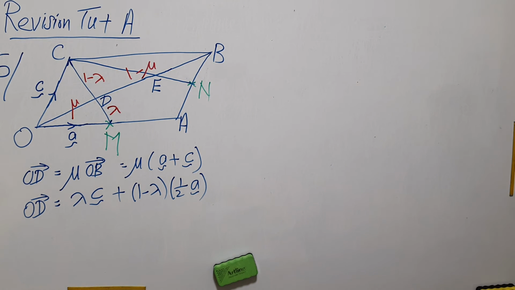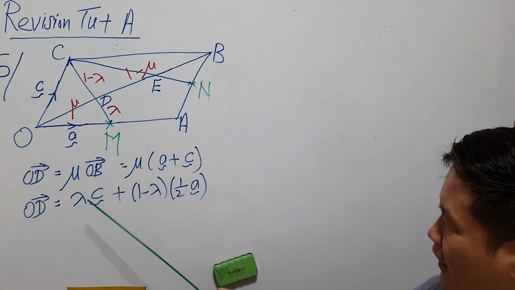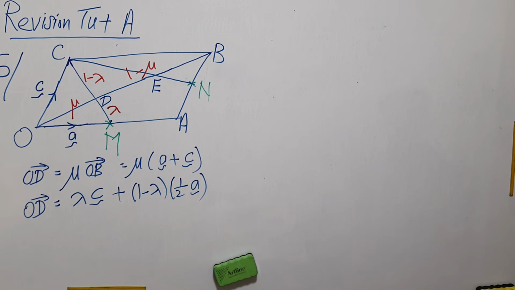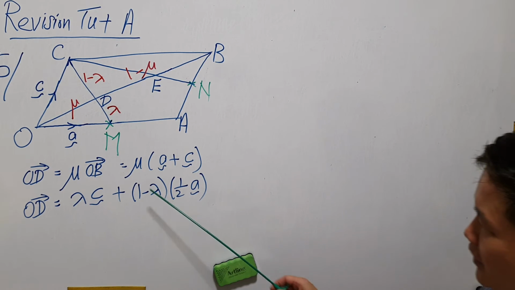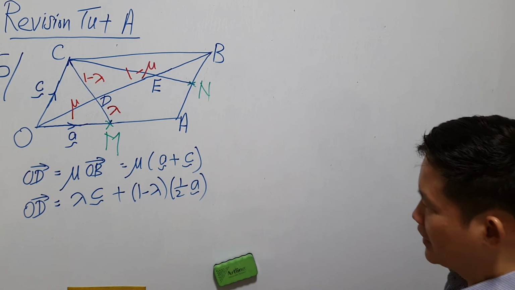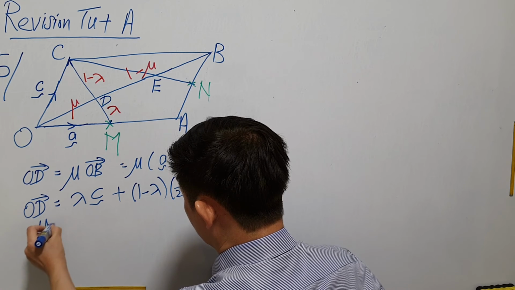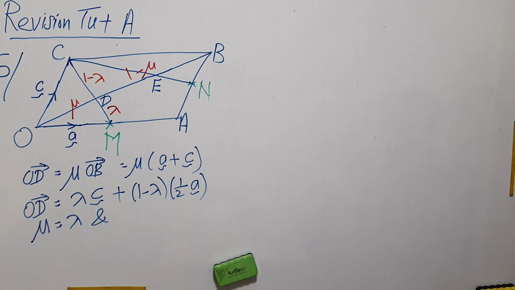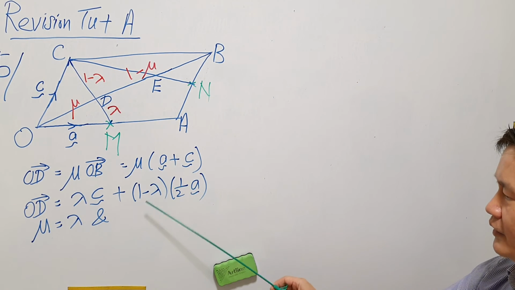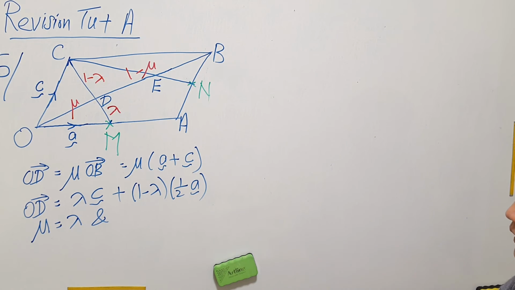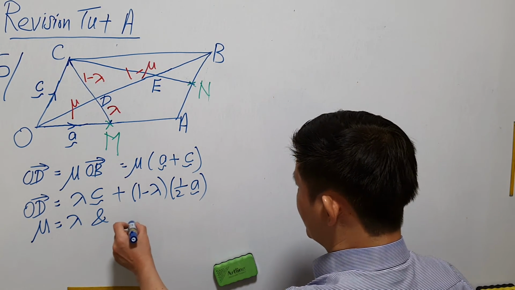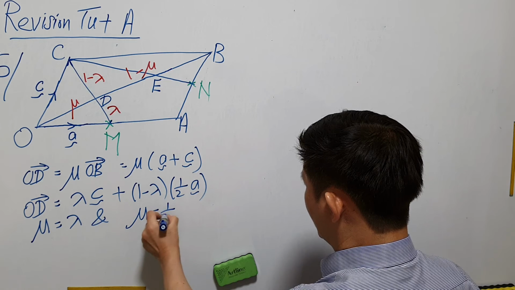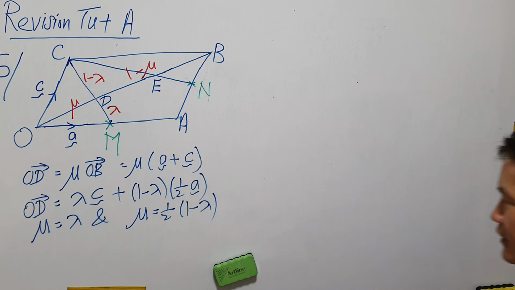And because A and C are non-parallel, I can now simply compare the coefficients: mu of C and lambda of C tell me that lambda and mu have to be equal. And I can also see from here that mu of A is 1 minus lambda of half. So mu is equal to half of 1 minus lambda.